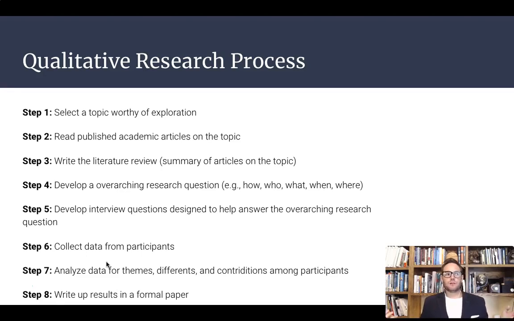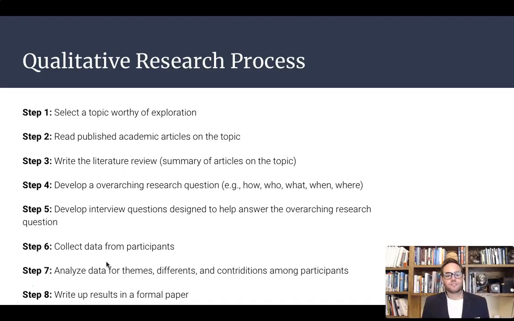Or, we could look at, what are the motivations for sharing personal content on social media, right? So this is the overarching question that is guiding the study, or that your study is trying to answer.